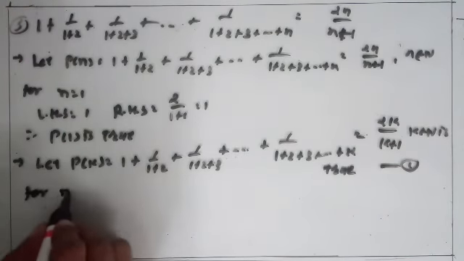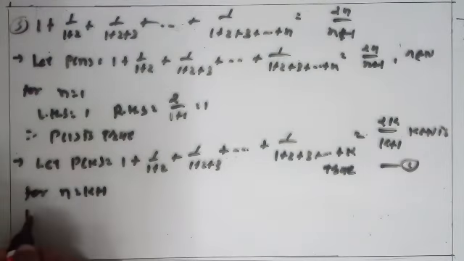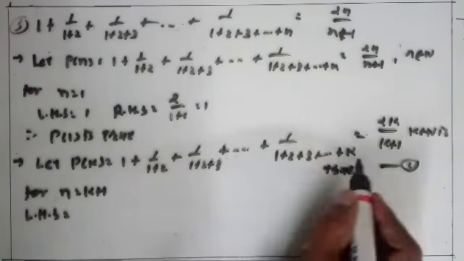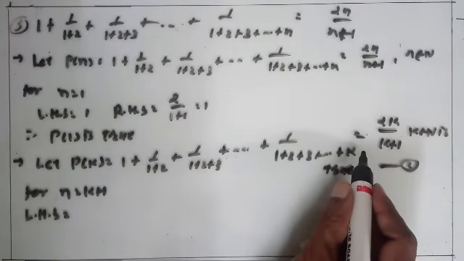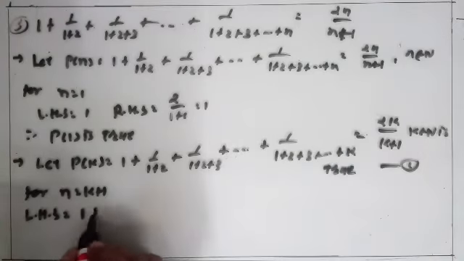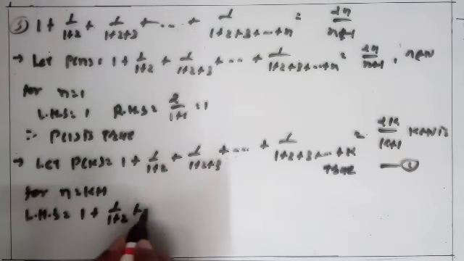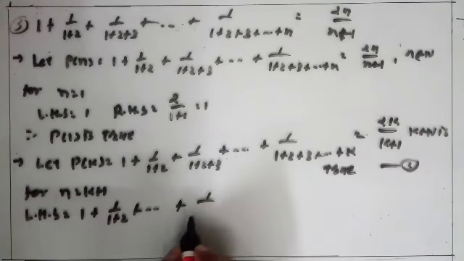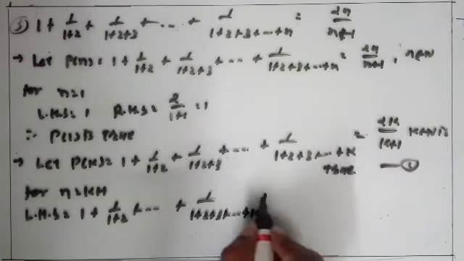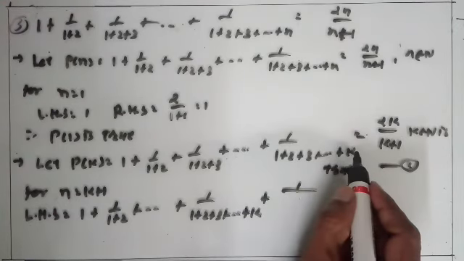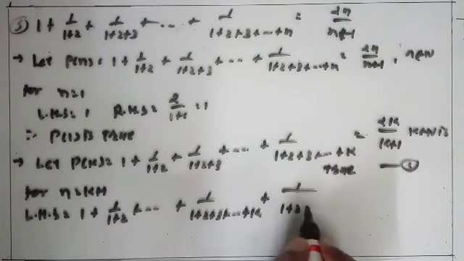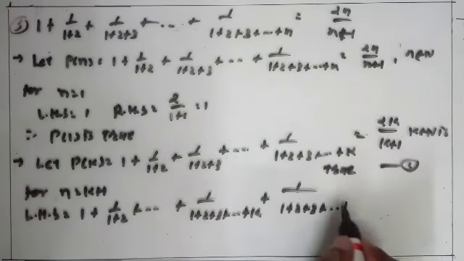For n is equal to k plus 1, the left hand side is equal to, here for k plus 1, the last term we write up to k plus 1 and the previous terms up to k. 1 plus 1 upon 1 plus 2 plus up to the last second term 1 plus 2 plus 3 plus up to plus k, plus the last term, replace n by k plus 1 in this term, so 1 plus 2 plus 3 plus up to plus k plus 1.